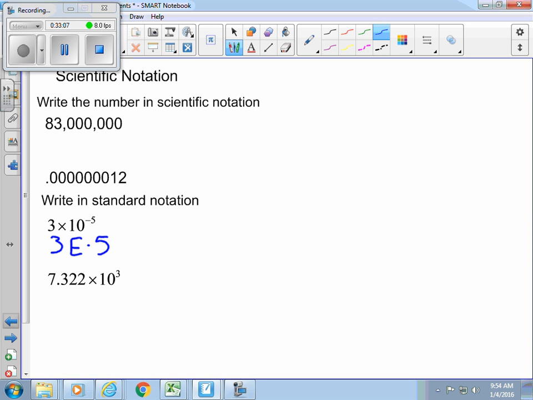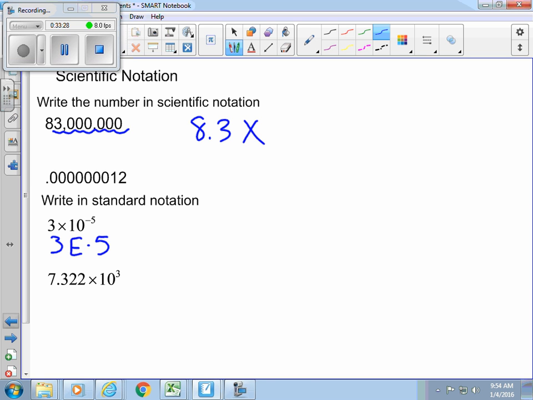So in scientific notation, we always have a one-digit number. So 8.3 times 10 to the what? 1, 2, 3, 4, 5, 6, 7.